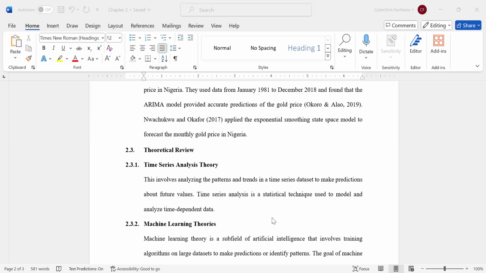So you have to look for that theory and evolve with it until you get to the latest bits of that particular theory, what it has achieved so far until now, right? So those are how you look at the theoretical review. So you review several theories that underpin your work in the theoretical review, right?